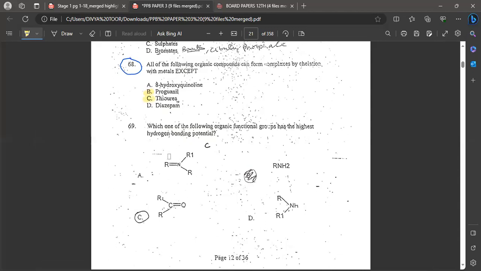Which of the following organic functional groups has the highest hydrogen bonding potential?